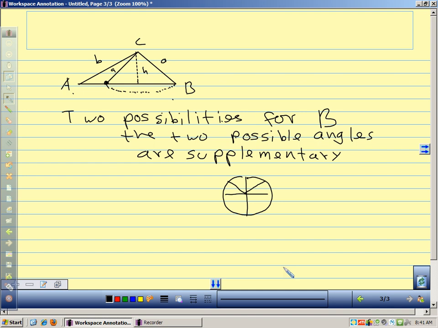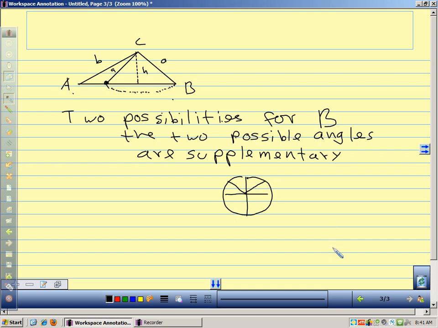So we're going to look at an example of each of these three cases: no triangle possible, one triangle possible, and two triangles possible, to look at how that works out. And remember, this comes up when we're working with the side-side angle combination, when we're given two sides and an angle.